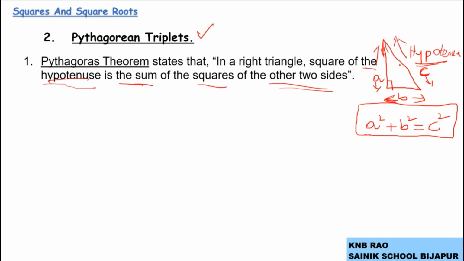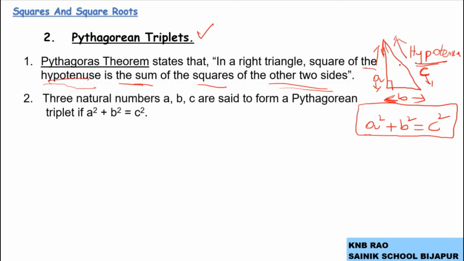Okay, so that is the definition of Pythagorean triplets. Three natural numbers A, B, C are said to be Pythagorean triplets if A square plus B square equals to C square.